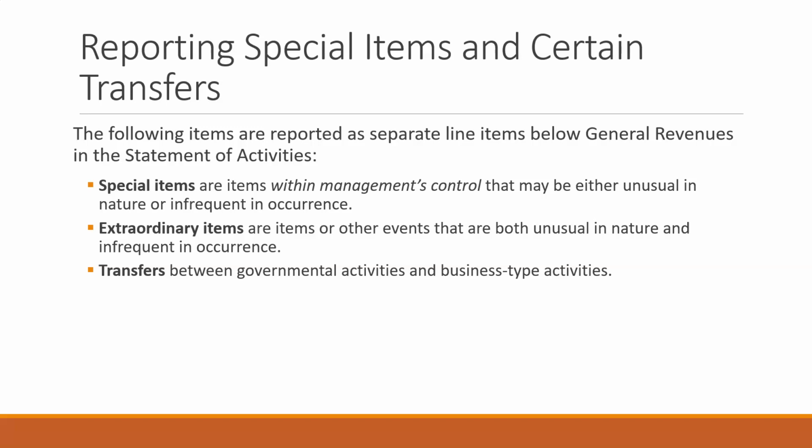So we transfer from one entity to another, and it shows as a zero change in the overall government's reporting activities. And as we prepare these statements, we're going to be looking at these different things.